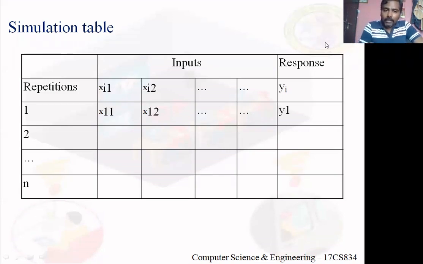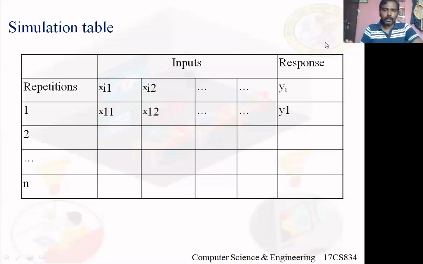Apart from xi1 and xi2, let me have another, xi3. Let this xi3 give the detail about when the ith customer will depart, will go out of the system.